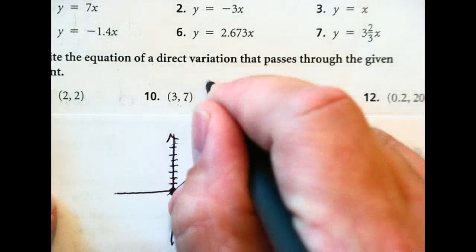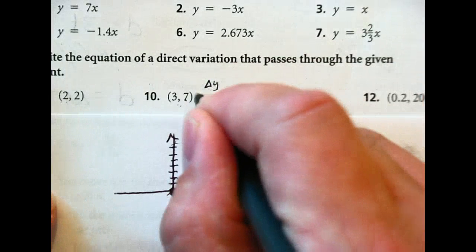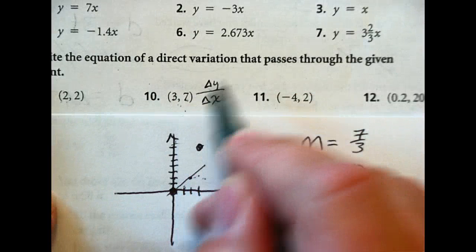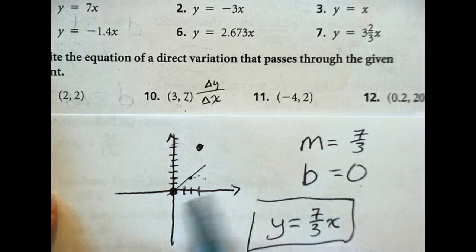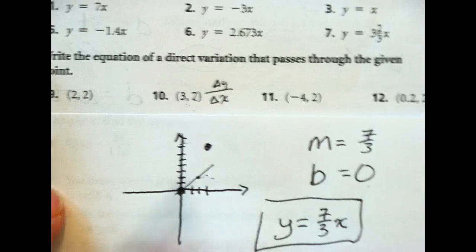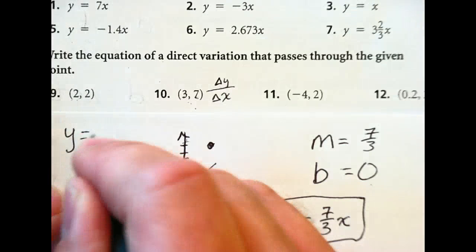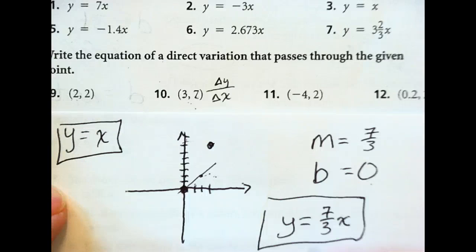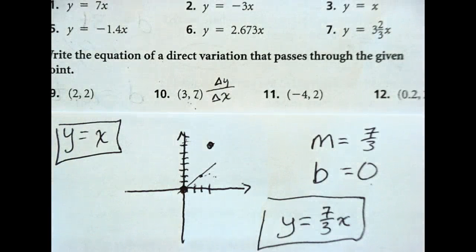It's just change in y over change in x, or, in this case, y over x, because the other coordinate you're using is 0, 0. It would be 1, yeah. So number 9 would be y equals 1x, or 2 over 2x, or just x. Good question, Nick. I'm glad you asked it.